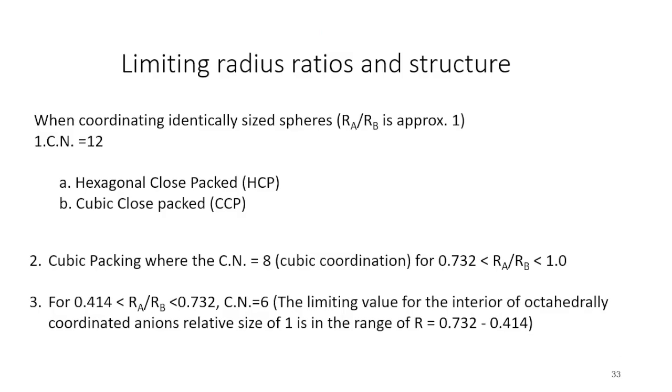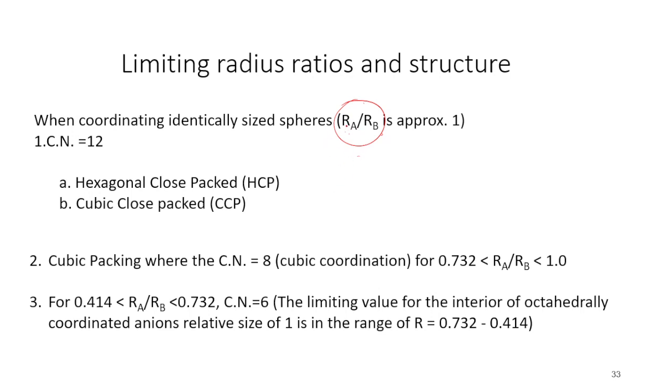So next we'll go to the limiting ratios and structures. The thing is, for every identical shaped sphere, I mean, sorry, the atoms, with different radius, based on the differences in radius, its arrangement will vary.